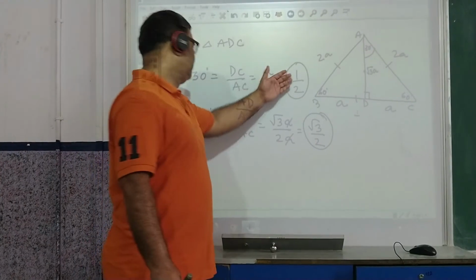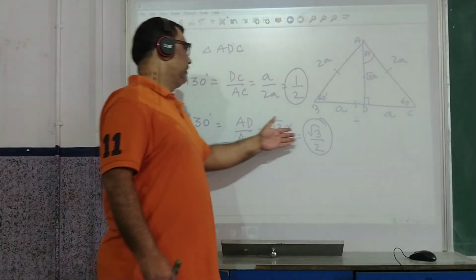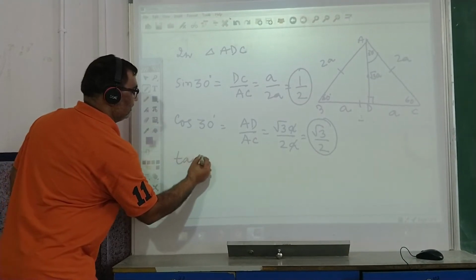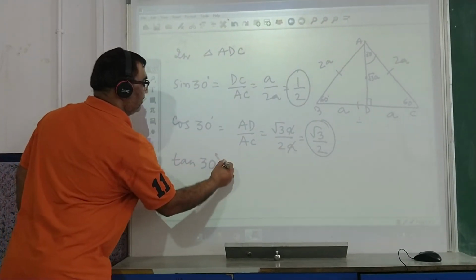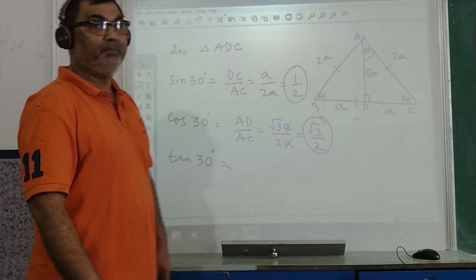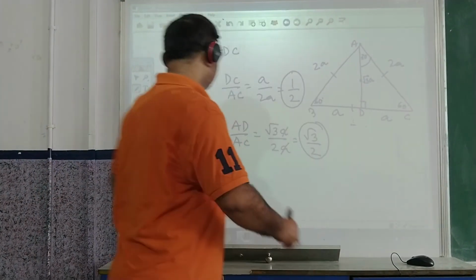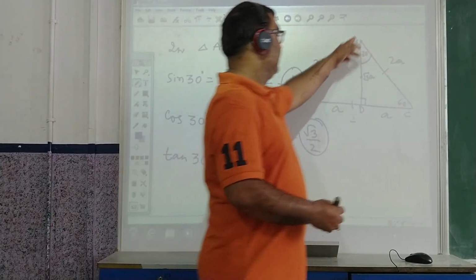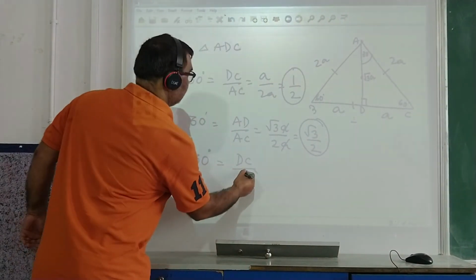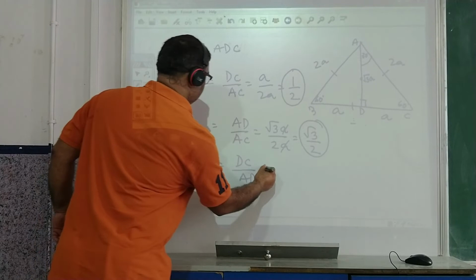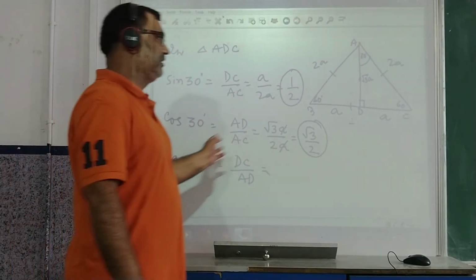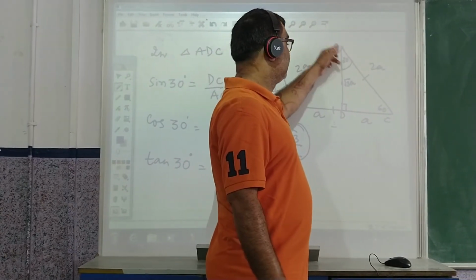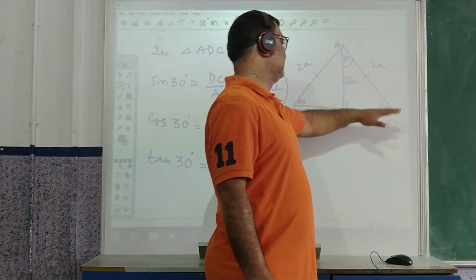So sine 30 is 1 by 2, cos 30 is root 3 by 2. Now tan 30 is P by B. You know tan is equal to P by B. For this angle of reference, P is DC, B is AD, H is AC.